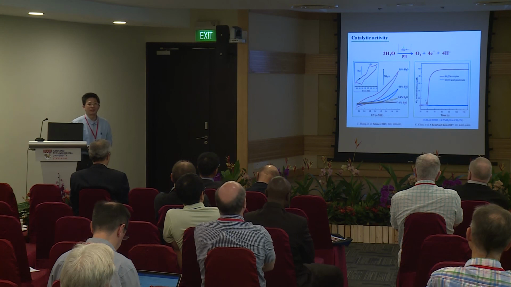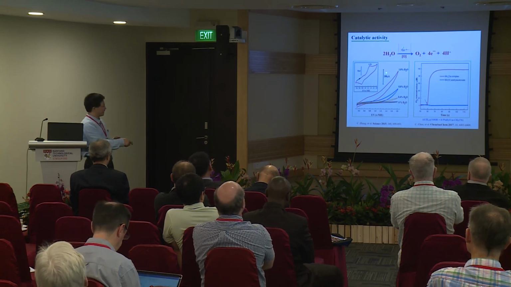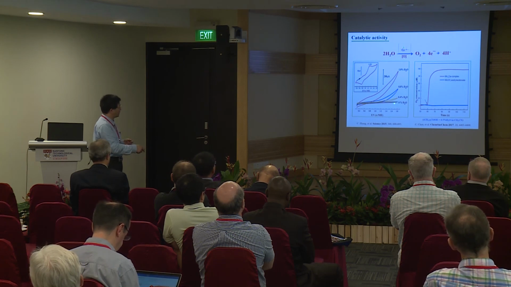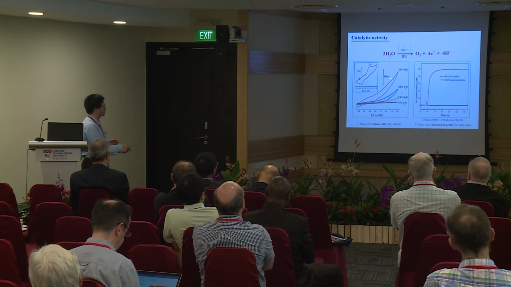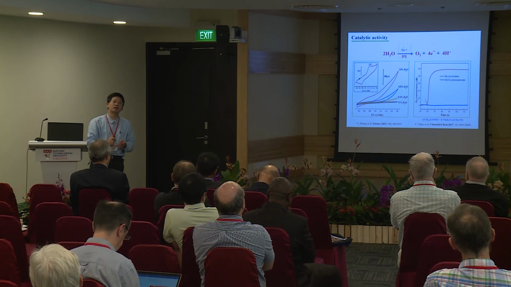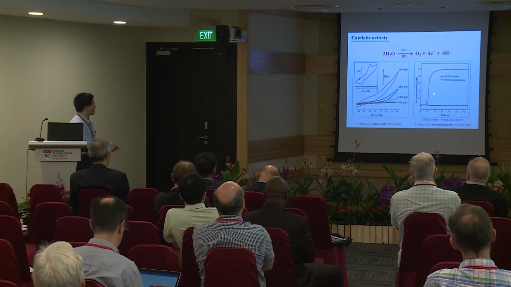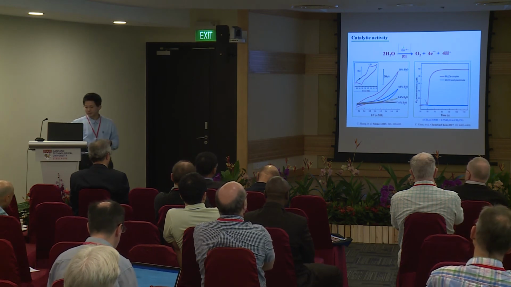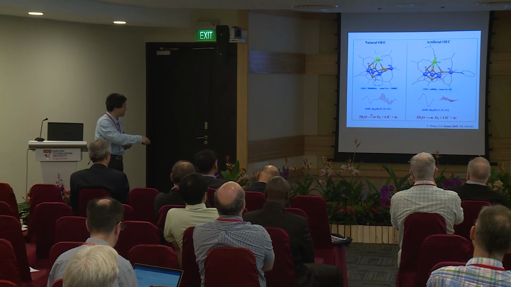This is an important point about electron transfer. Without water, versus adding a small amount of water, we see the catalytic current increase 100 times. With oxidants, we can detect the oxygen coming out immediately. This picture summarizes this part.